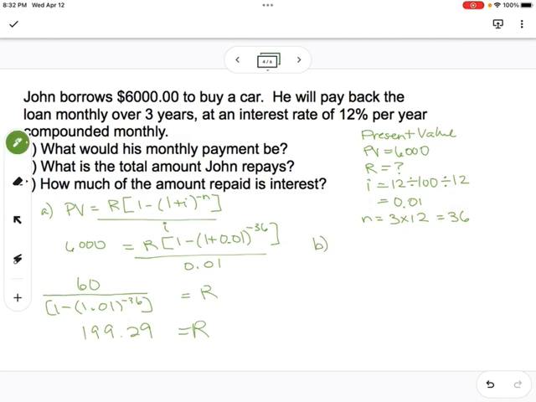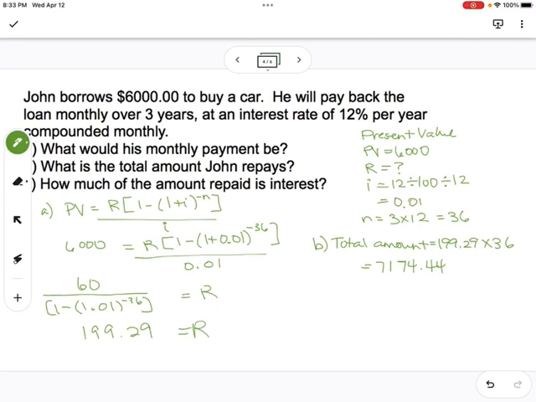So for B, the total amount is going to be the $199.29 times 36. So the total amount that John repays is $7,174.44.